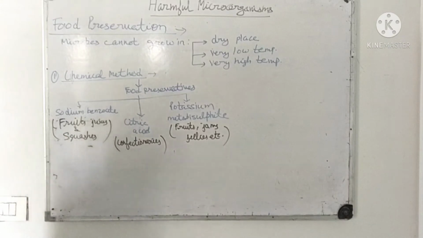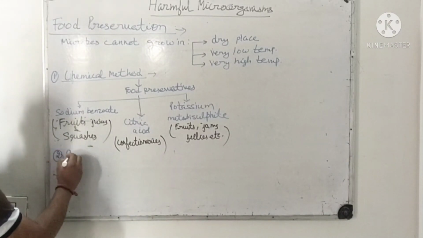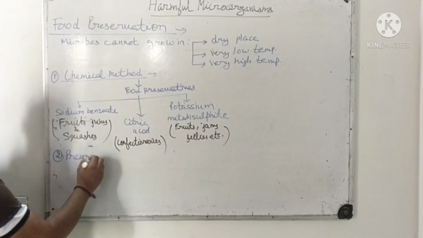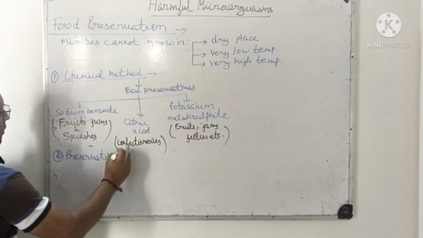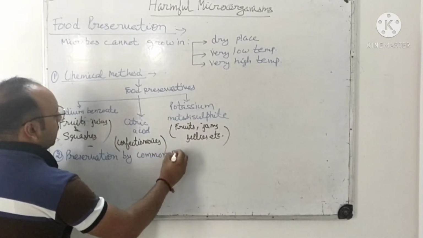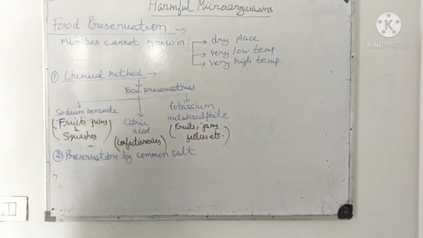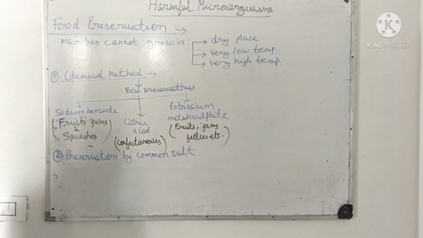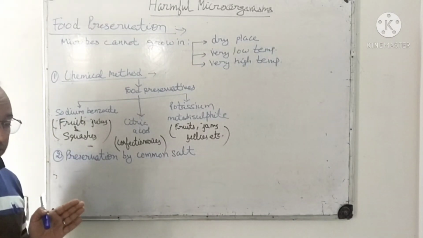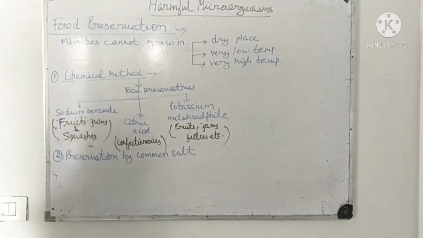Okay. Now the next one is preservation by common salt. You must be surprised at how common salt can be used. For ages people were protecting fish and meat using only general salt.